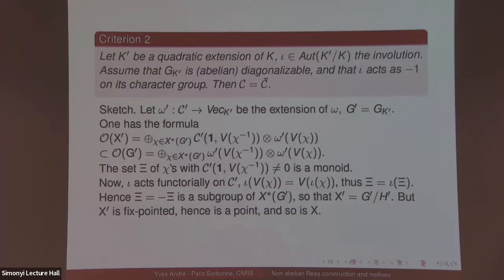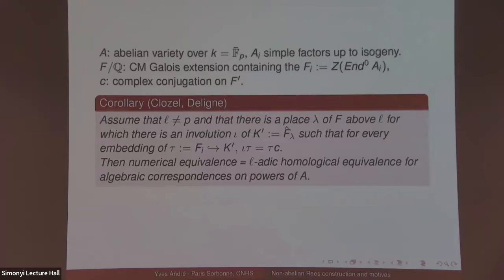So the question is a new proof of the theorem of Clausen-Pierre-Levy. So we consider an abelian variety over the algebraic closure of the finite field of characteristic p, and denote by A_i the simple factors up to isogeny, and F over Q will be a CM Galois extension containing the centers of the endomorphism algebras of the factors.